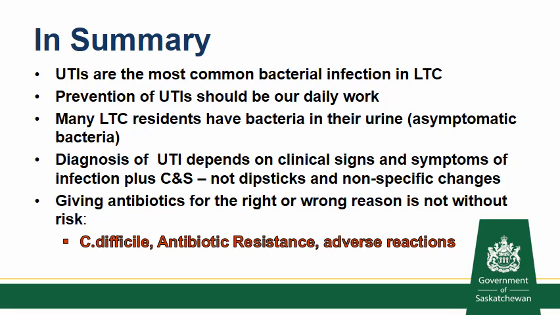So do not use dipsticks or urinalysis to look for bacteria. Always look for symptoms first, then plan to send a culture and sensitivity urine to confirm what you have found. Antibiotics can cause problems even if you do need them, so make sure our residents get antibiotics for the right reasons.